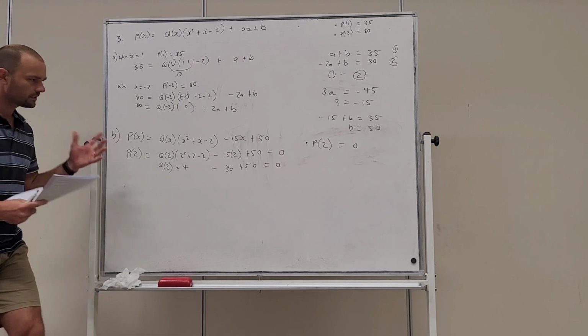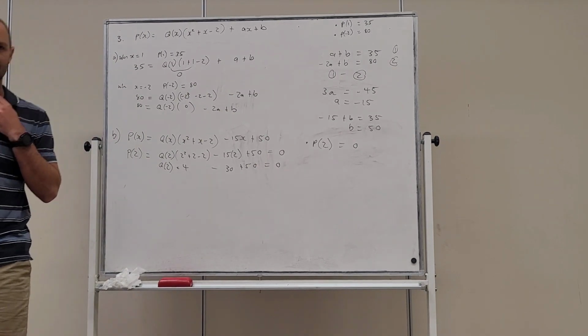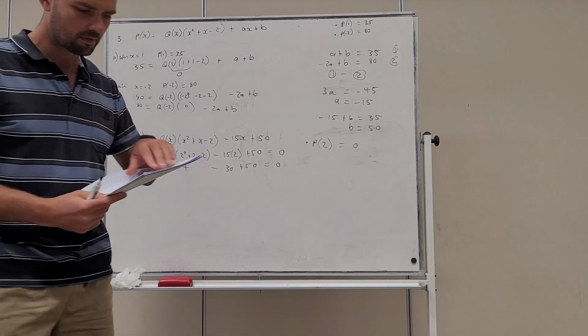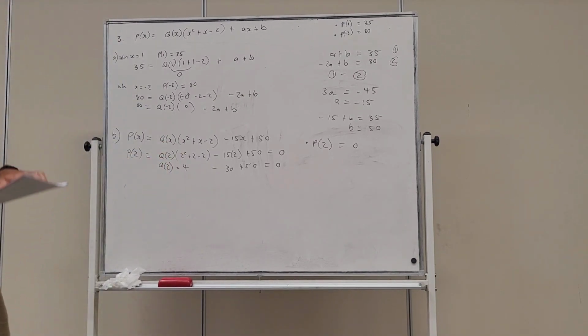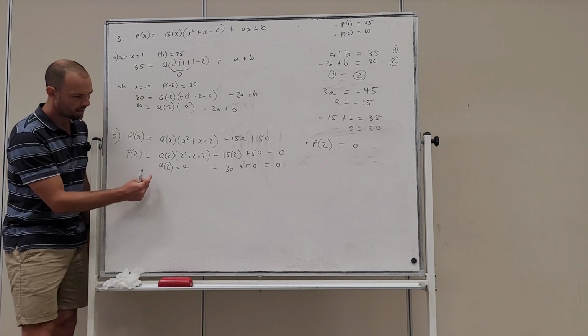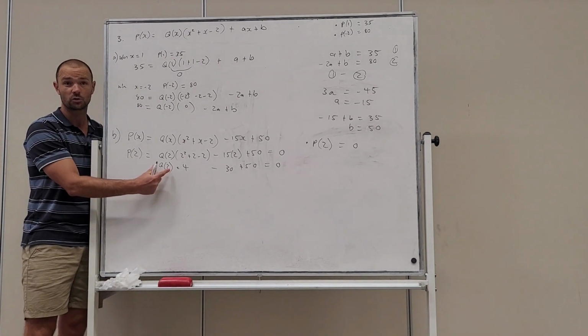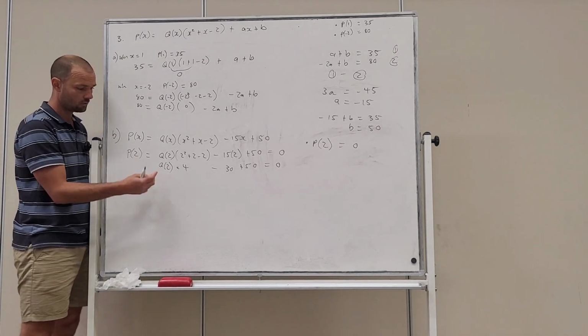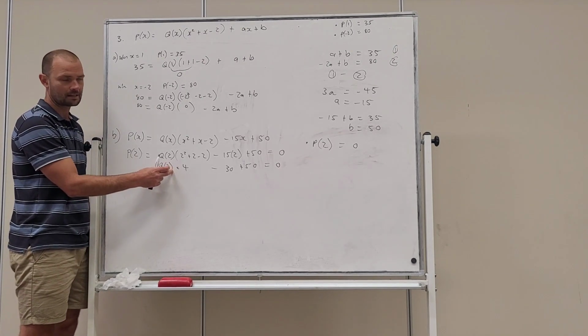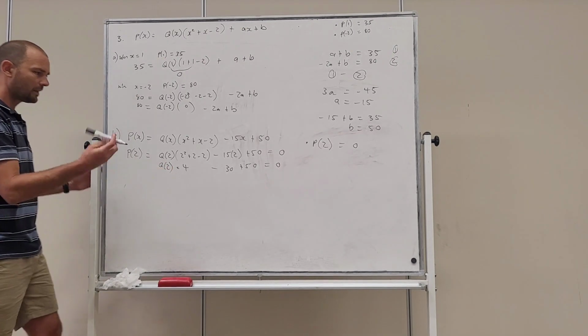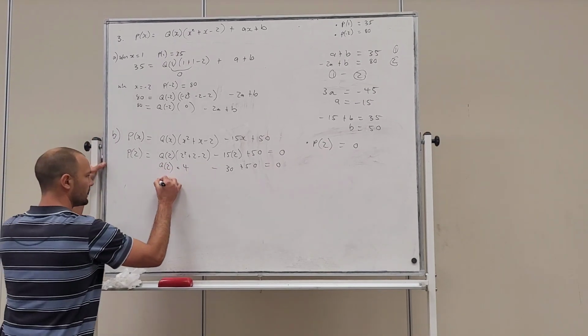So we've plugged it in. This is what we've arrived at, and maybe now's a good time to go, hang on, what am I doing here again? What's the question say? Show that Q of 2 is minus 5. It wants you to get this component by itself. Remember, this is not Q times 2, it's the function Q, the quotient of the x value 2. So what we have, I'll just do it in a couple more steps.